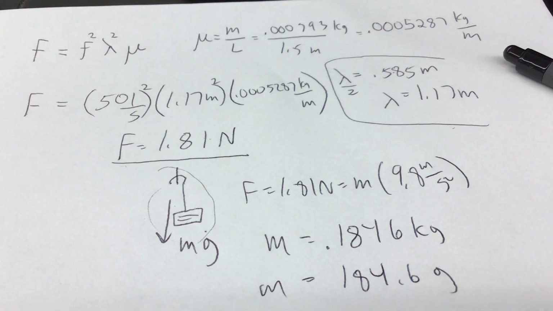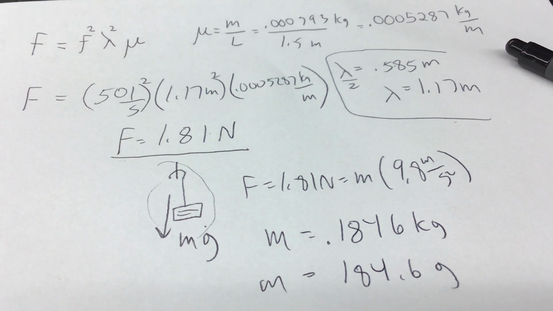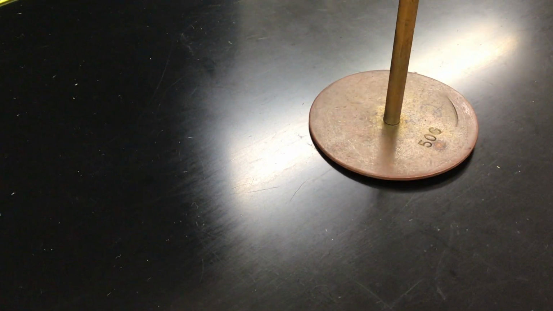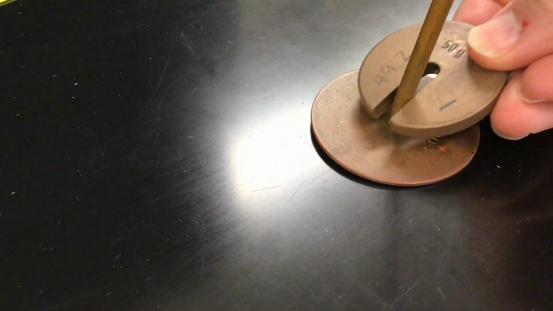So what we're going to do is go over to my string and put that much mass on the string. Then I'm going to turn it on and see if I get the second mode. So let's go try it out. There's my mass hanger. So that's 50 grams. I'm going to put 100 on there.